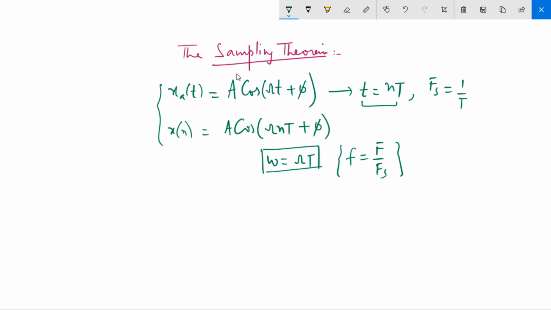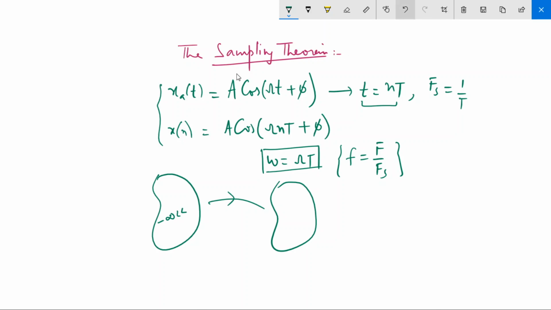So we have seen that the sampling process was nothing but a mapping in which the analog frequencies are mapped into the digital frequencies.